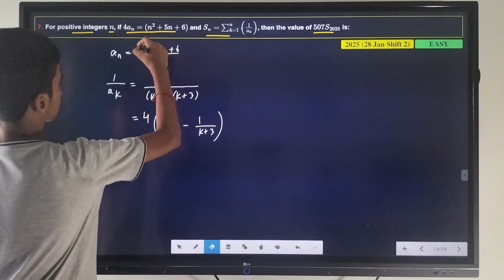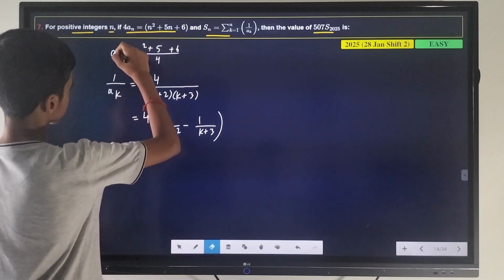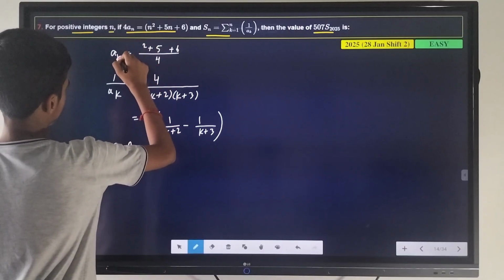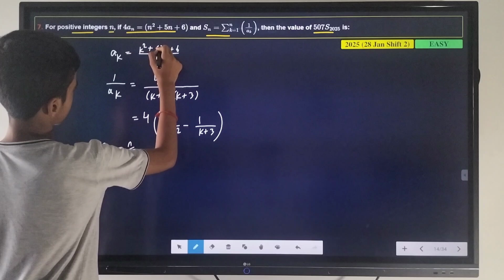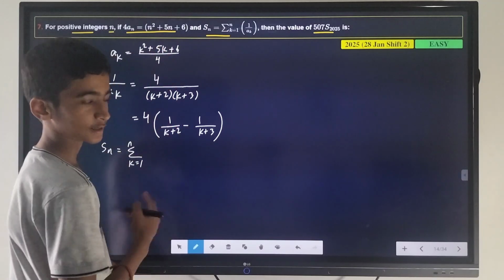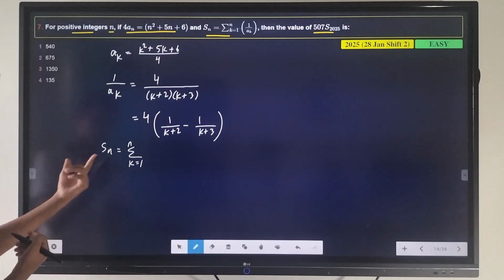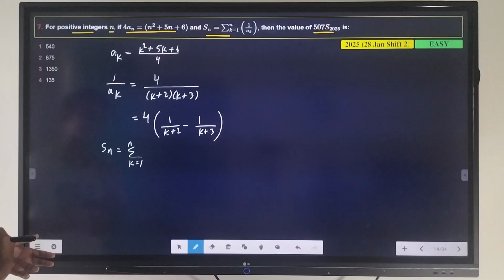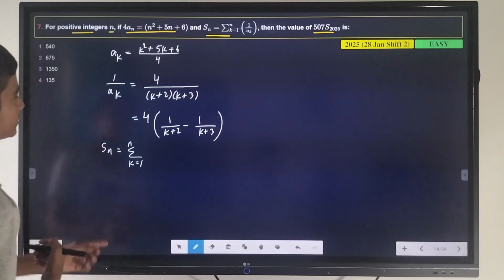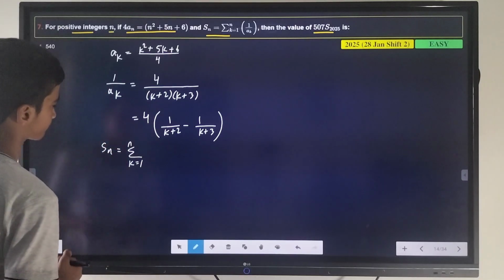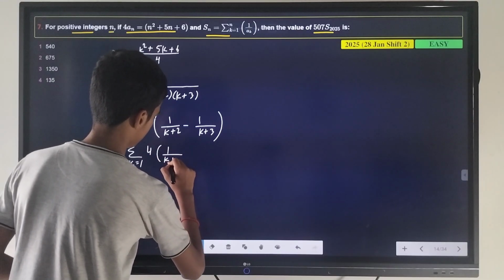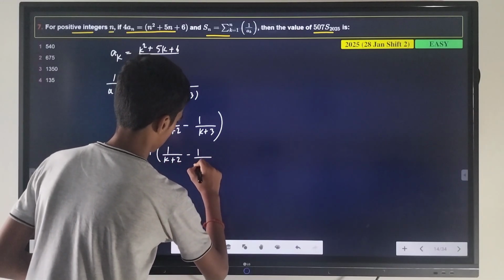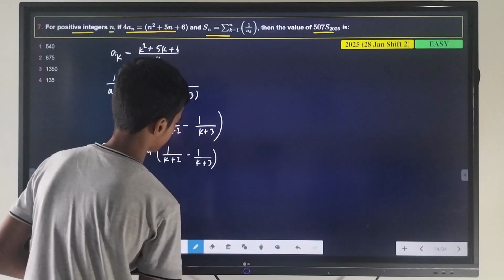Here also, above also. AK is equal to k square plus 5k plus 6 upon 4. So let's come back. Our S of n is equal to sigma k is equal to 1 to n, 1 upon ak, which is 4 into 1 upon k plus 2 minus 1 upon k plus 3.